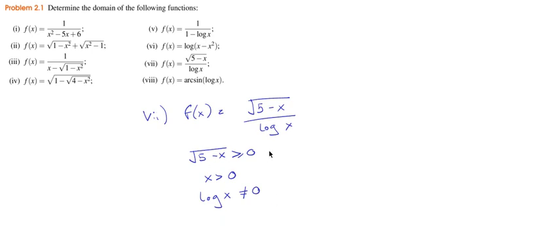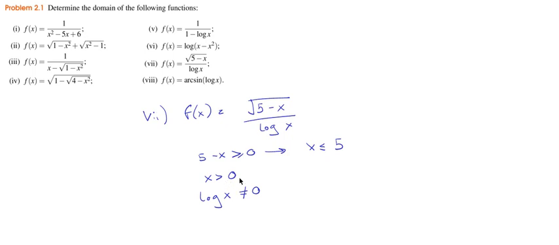So if 5 minus x is greater or equal than 0, that means that x has to be smaller or equal than 5.